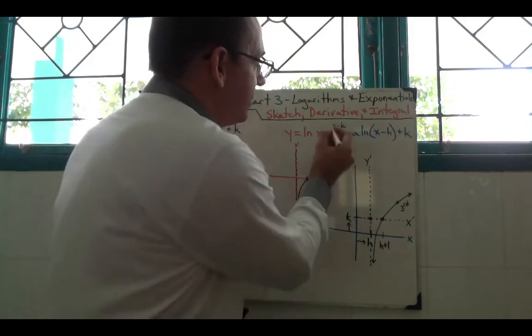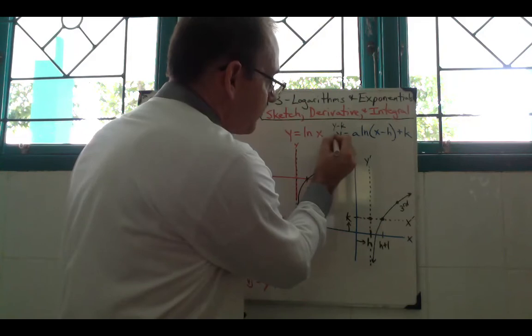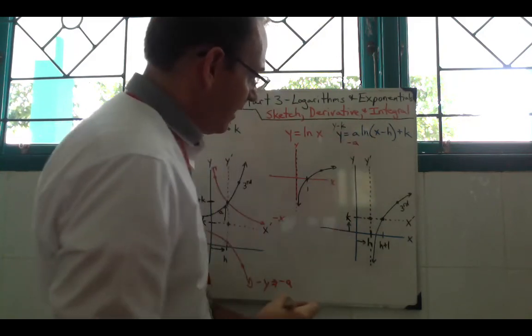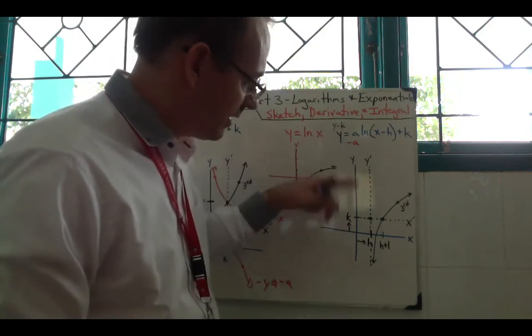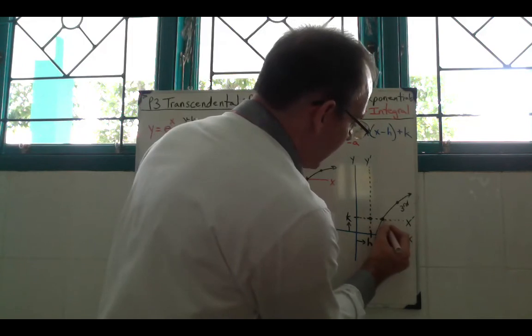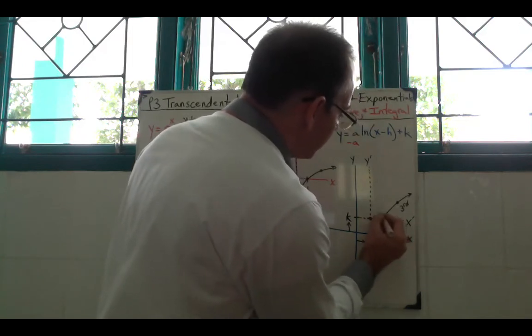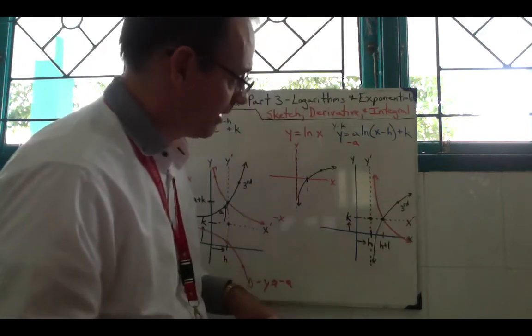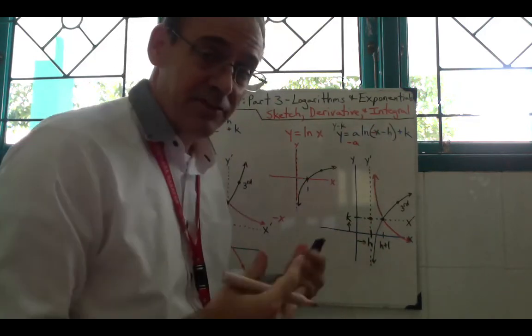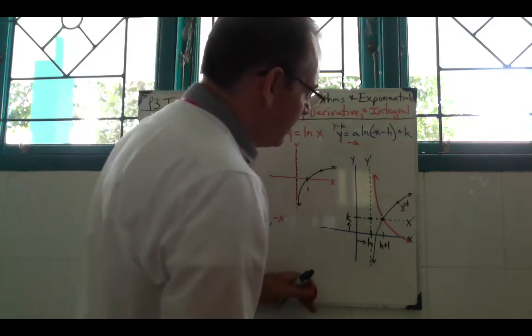So now again, let's look at negatives. If your negative was on the y and divides over to be on the a, a negative on the y flips you over the x-axis. So if you flipped over the x-axis, you'd be going like this. And if you had the negative on the x, that means you flip over the y-axis.